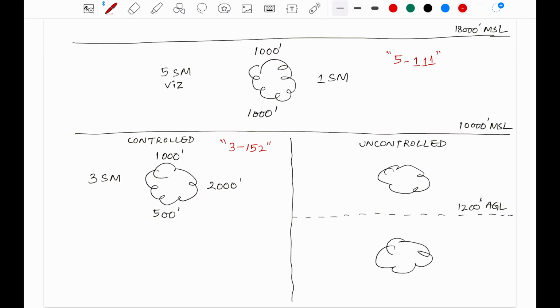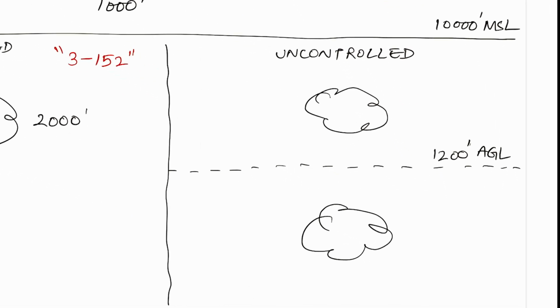On the uncontrolled side, the visibility requirement is 1 statute mile, 1,000 feet above, 500 feet below, and 2,000 feet horizontally. So I remember this as 1 Cessna 152.